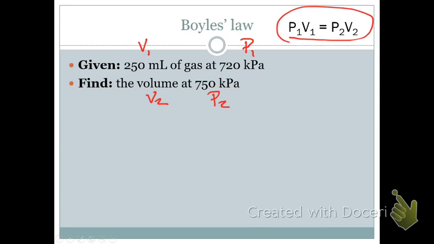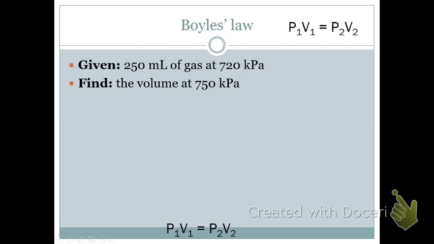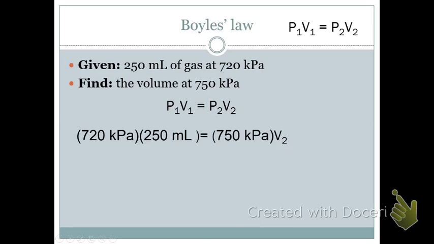So, to set this up, we take all the information and plug it into the formula the way it's supposed to be. Again, here is your P1 pressure. This is your V1 volume. This is your P2 pressure. And we need to solve for V2. Well, how do we solve for the unknown? That means we have to get rid of this P2.